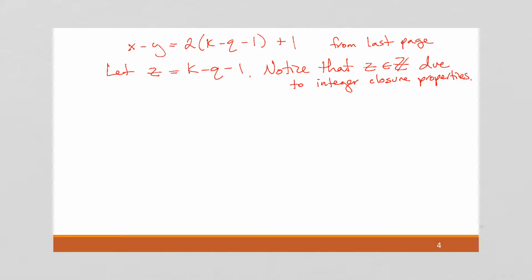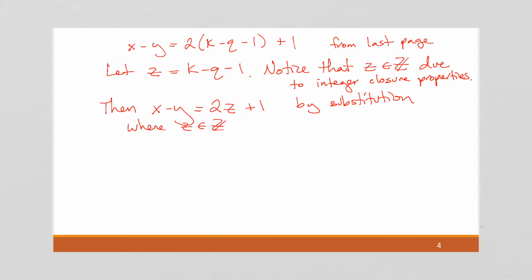Which means x minus y, we can substitute that z in, is equal to 2z plus 1 by substitution, where z is an integer, which is odd by definition.